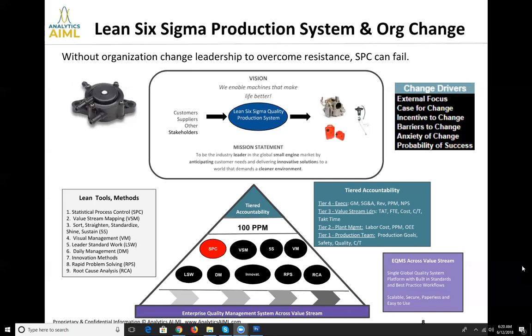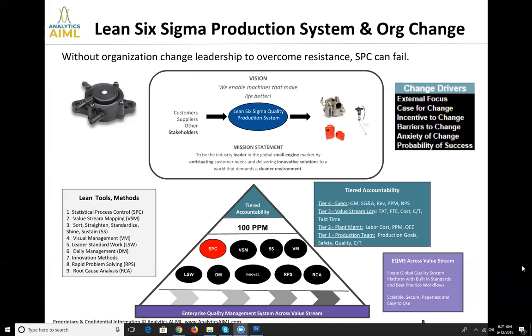Those are the inputs on the left-hand side. We take those understandings of the market, stakeholders, and suppliers, use the raw material, and bring it into our system. We use our great people and great organization as part of our Lean Six Sigma quality production system to convert all of those requirements and needs of the marketplace into high quality products. That's the very top side.